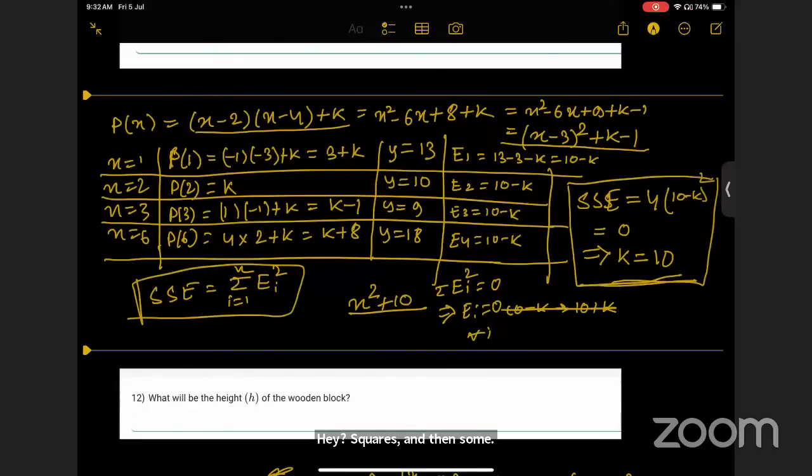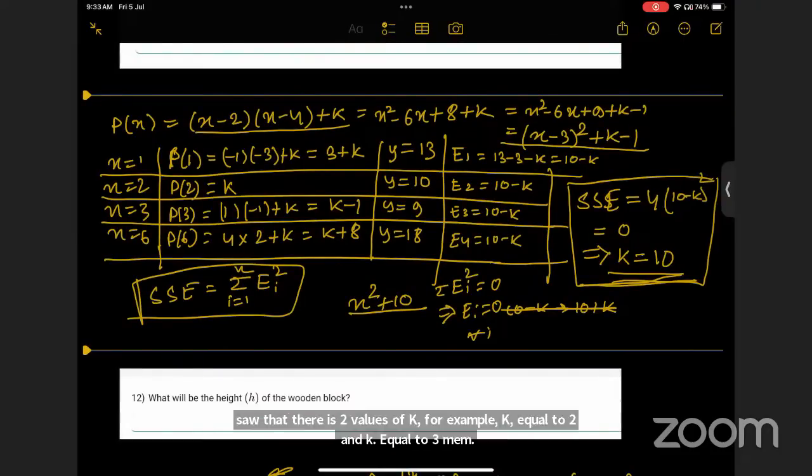Ma'am, if we get a k value, as in one question, k has 2 different values. Then how do we finalize one correct value of k using SSE? In a graded assignment question, I saw that there are 2 values of k, for example k equal to 3 and k equal to 4.